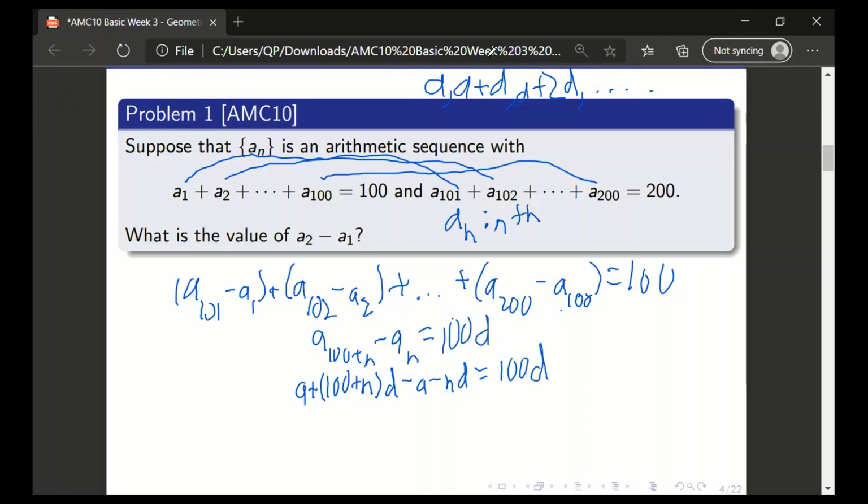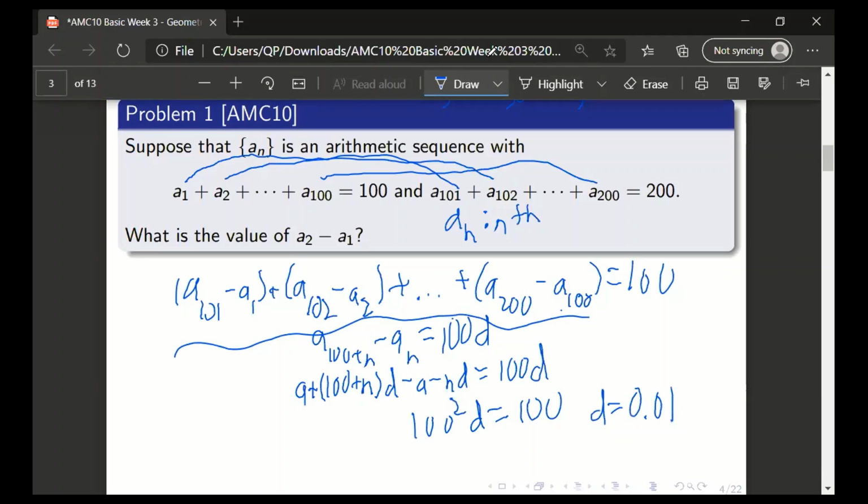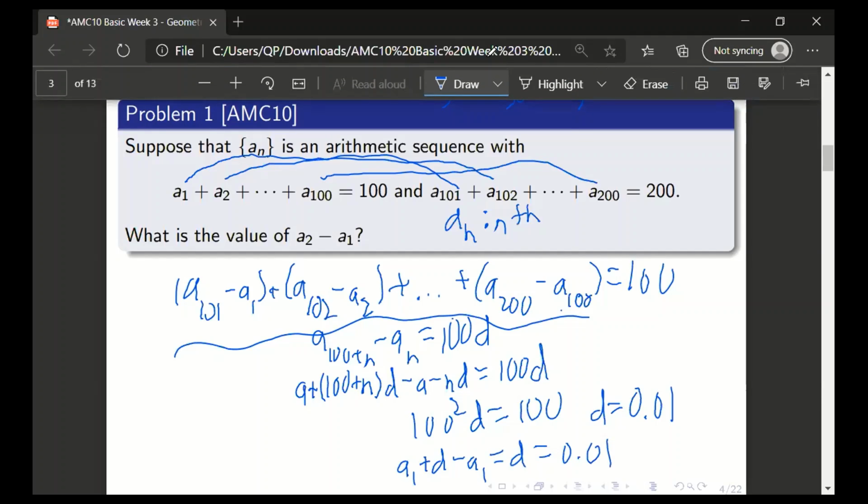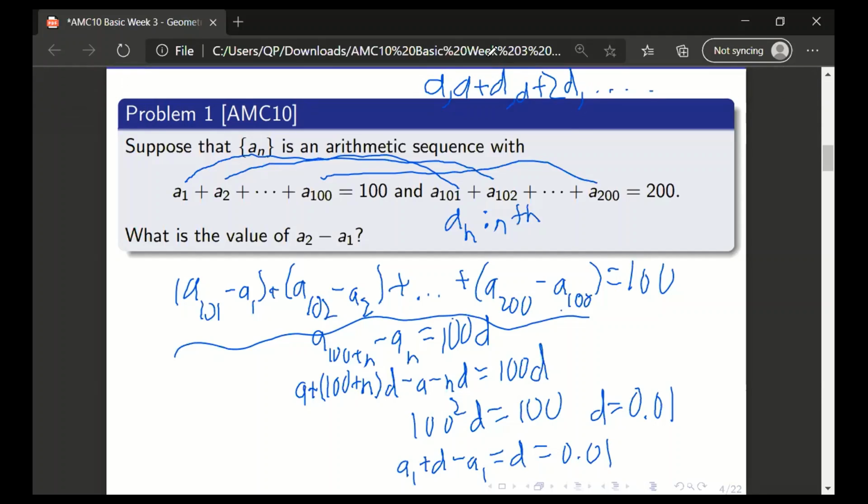So all of these combined, it's simply 100 squared d equals 100. And so you find that d equals 0.01. And now what you want to find, a_2 minus a_1, is just a_1 plus d minus a_1, which equals d. And so that would equal 0.01. So are there any questions?